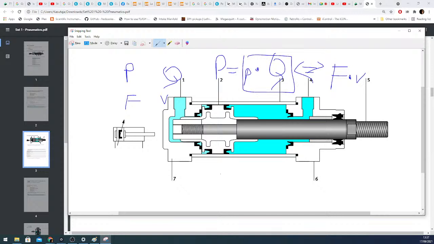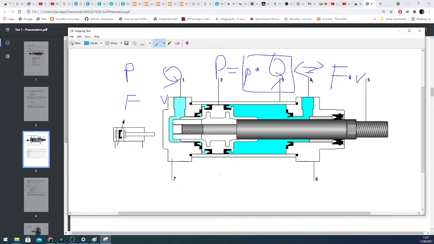But now, of course, to understand how they actually work, we have to understand the pressure and the flow rate. What is pressure? How to measure it? What kind of scales of pressure we have? And also, what is flow rate?